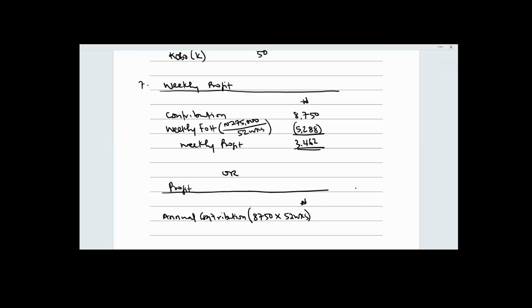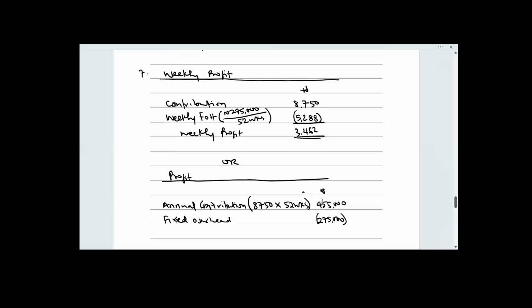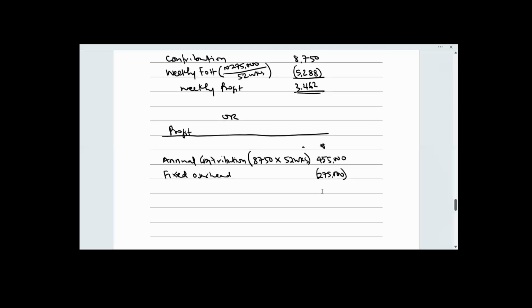That's 455,000. Thank you, Kunle. Now less the annual fixed overhead of 275,000. That's 180,000. So the difference is 180,000. So this is annual profits.